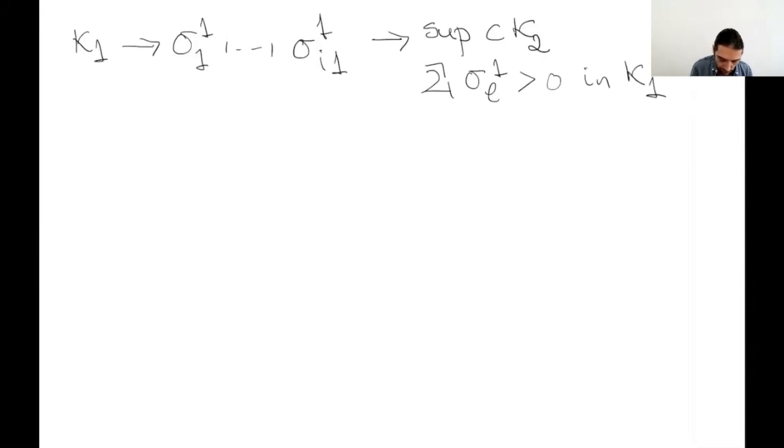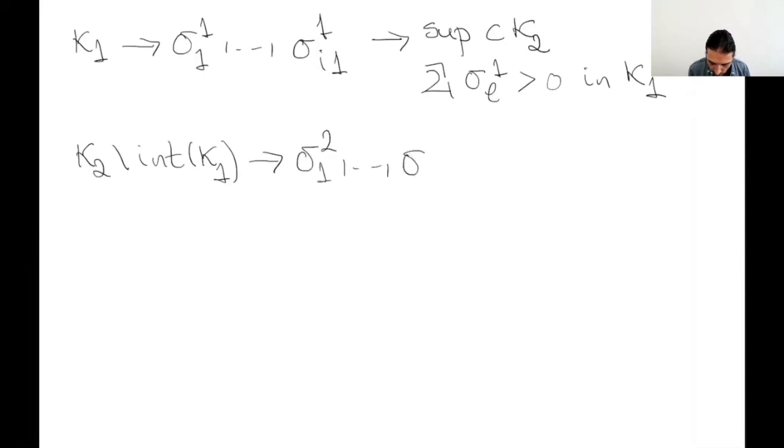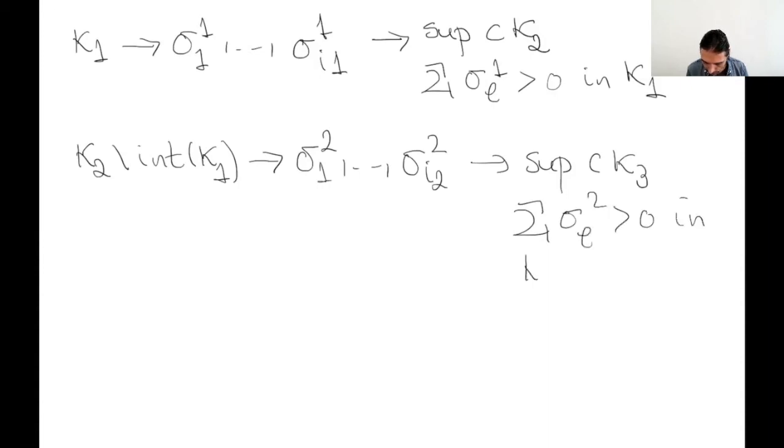What happens when we consider K2 minus the interior of K1? There we are going to have, again, a finite family of functions. The supports of all of them are contained in K3, okay? And the sum of these functions is positive in K2 minus the interior of K1.